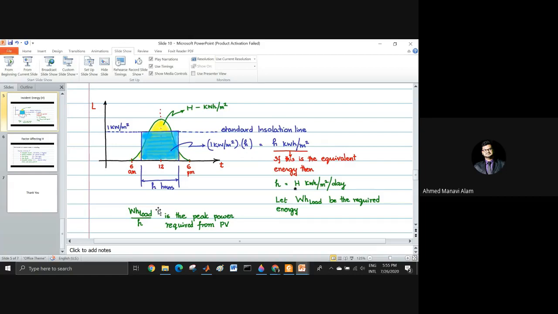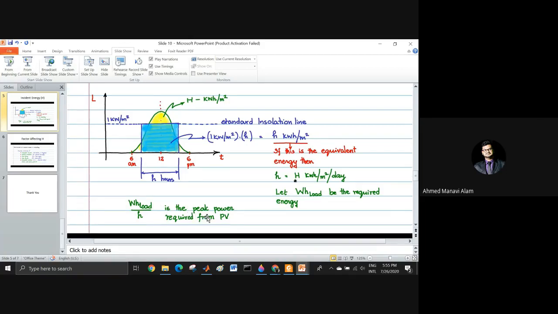If you divide it by H, you get the peak power required from PV. WH load means the energy you need the whole day, in 24 hours.